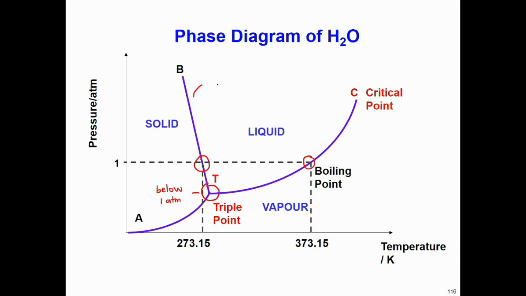This indicates that ice is less dense than water. This also means that water is easier to melt at higher pressure. And this is why the melting point of water lies towards the left.